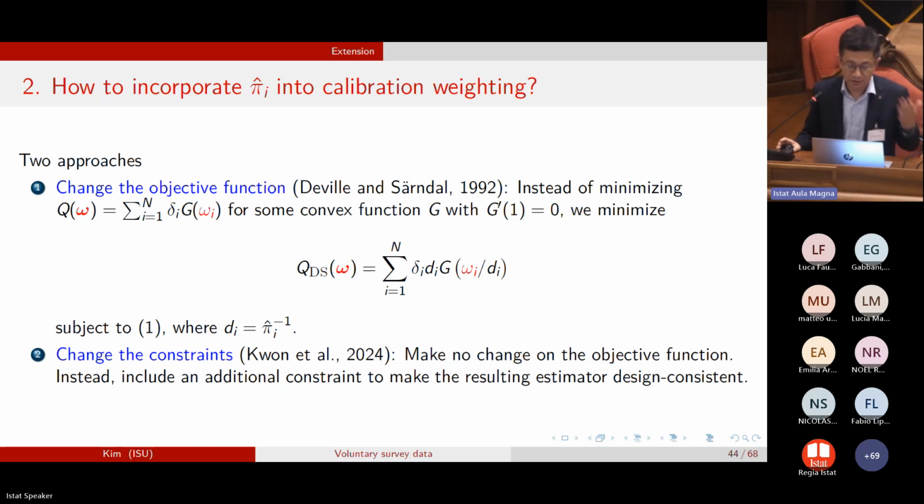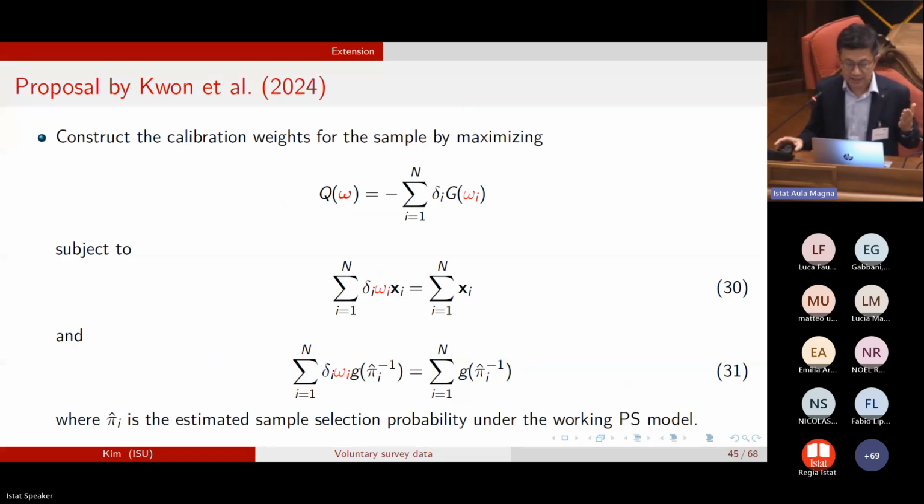And the new approach that we propose is that we are not going to change the objective function, but we will change the constraint. We'll add one more constraint to satisfy design consistency. That's a new idea that I'm very excited about, which is this one. Look at this: this is the same as before, this is the same as before, and this is the same as before.